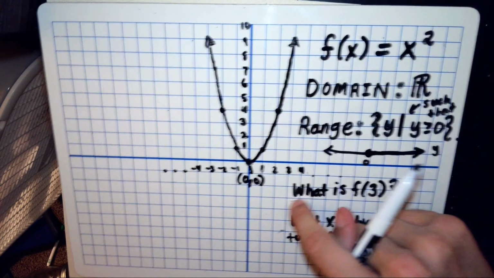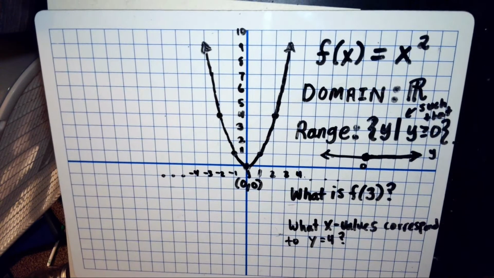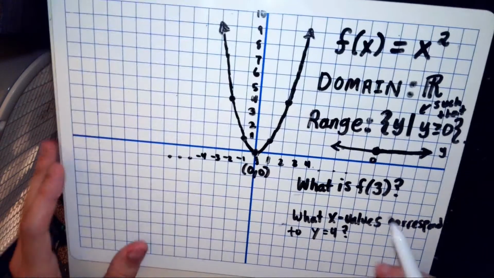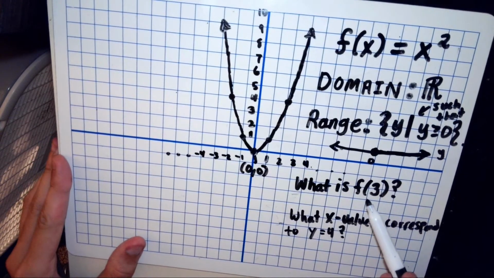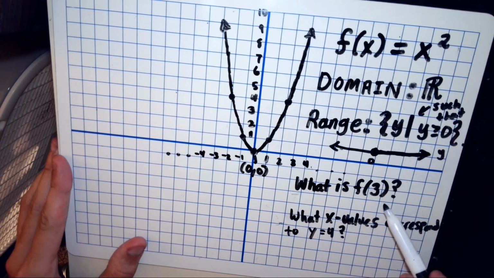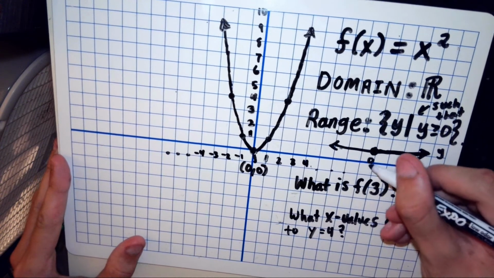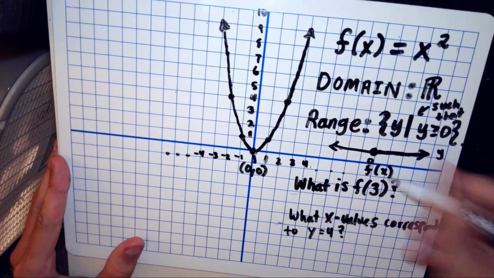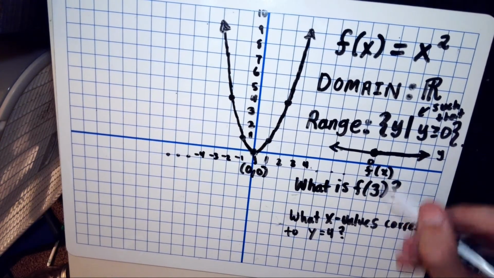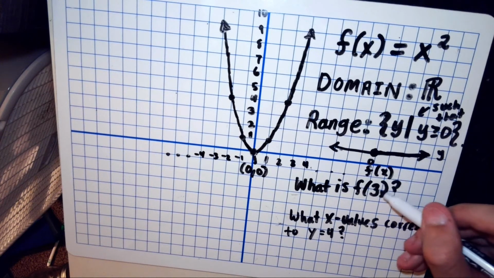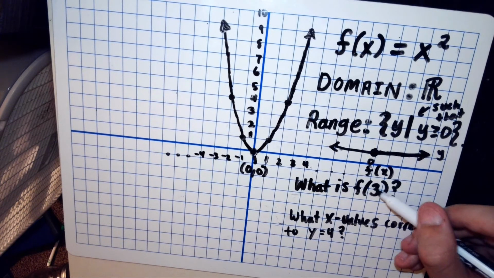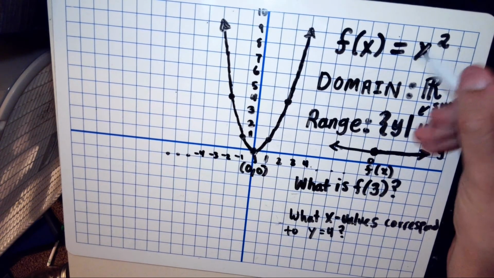And that's what's key. So next, we'll want to answer the question, what is f of 3? Remember that usually we're looking at something like f of x, right? So just remember that 3 is going to be x here. We're going to plug in 3 where x is in our formula.